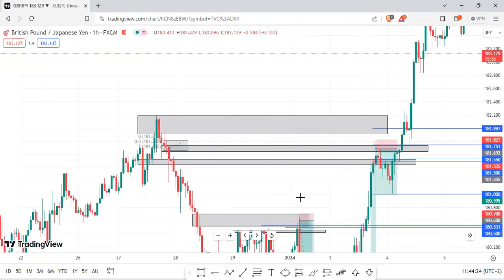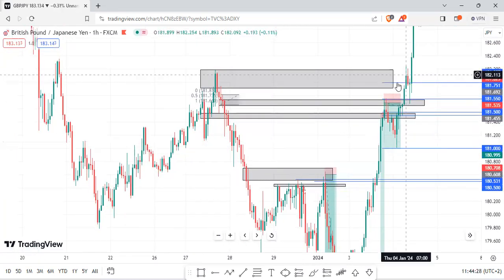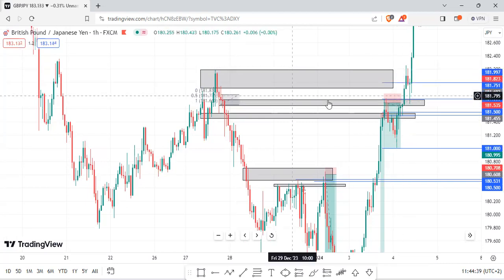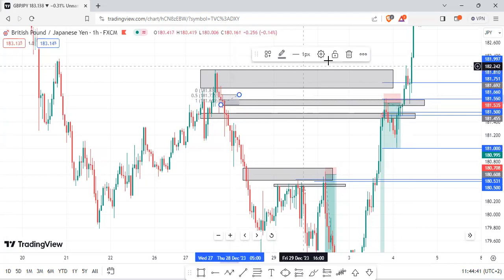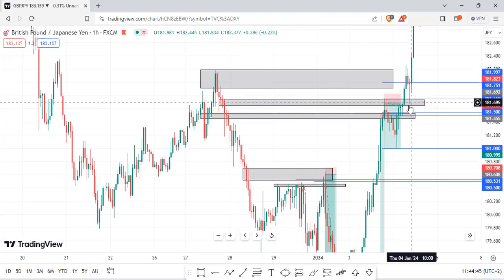And then I had a sell limit, I think somewhere, yeah, I had a sell limit. And then obviously, as you see, got violated. It came back to retest my order block from above.